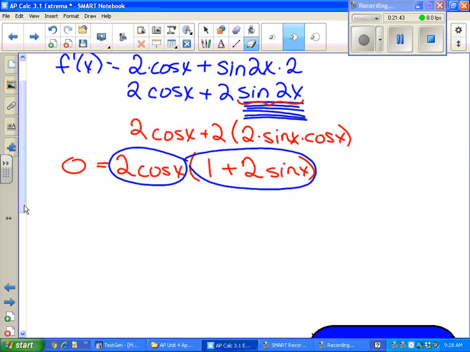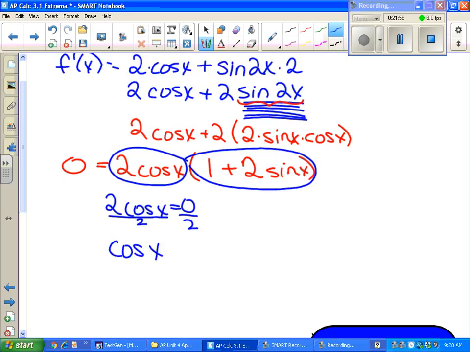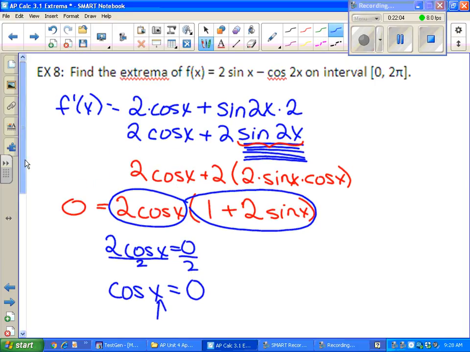So we're going to set each one equal to 0. 2 cosine of x equals 0. Divide by 2. Cosine of some angle x is equal to 0. I'm looking for a point on the unit circle in my interval, which I believe is from 0 to 2 pi, a complete revolution around the unit circle.